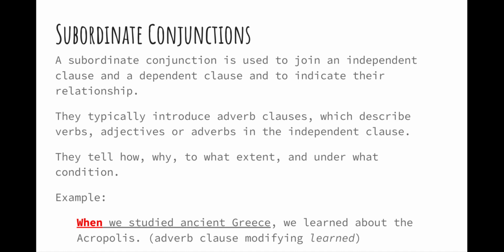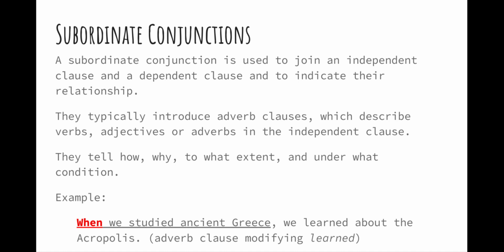These clauses describe verbs, adjectives, or adverbs in the independent clause. They answer questions such as how, why, to what extent, and under what conditions something is happening. So let me give you an example and put it back into your mindset. When we studied ancient Greece, we learned about the Acropolis. When is the subordinate conjunction.